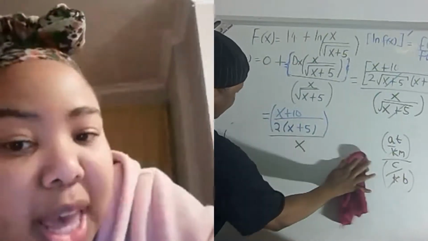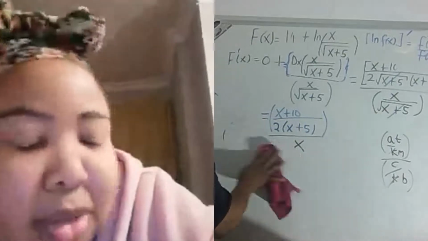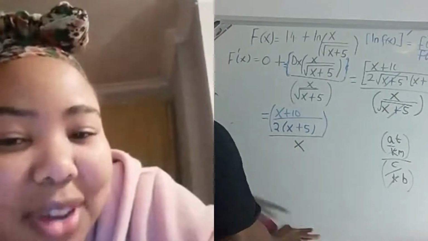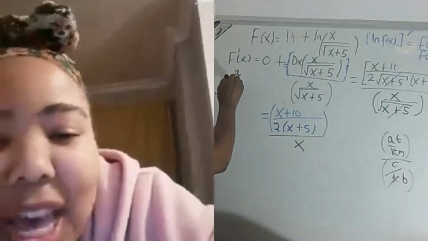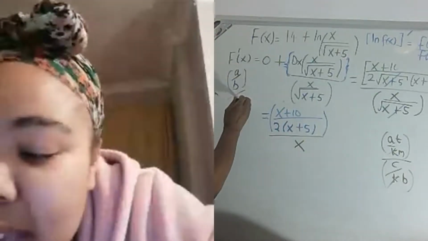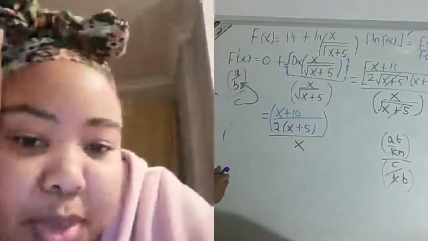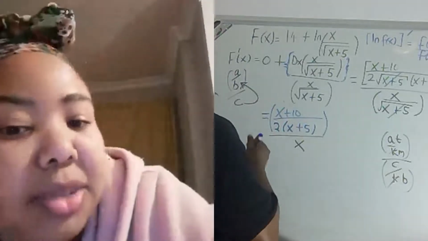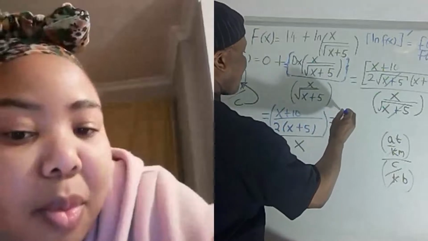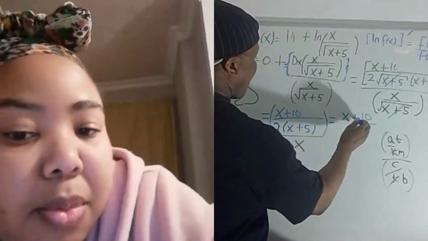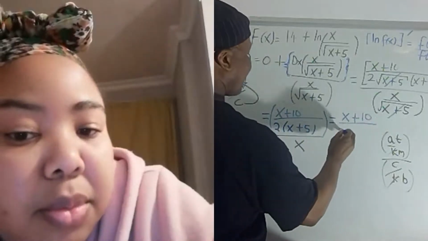You use the rule A divided by B divided by C is A over BC. So your x goes to the top where your B is. It's going to be 2x, so here it's x plus 10 over 2x.